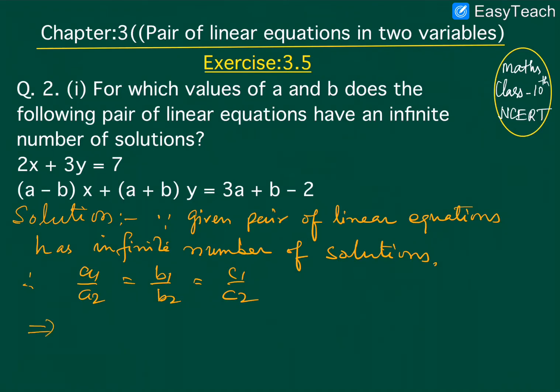Putting the values of a1, a2, b1, b2 and c1, c2, we have here a1 is 2 and a2 is a minus b, b1 is 3 and b2 is a plus b, c1 is 7 and c2 is 3a plus b minus 2.